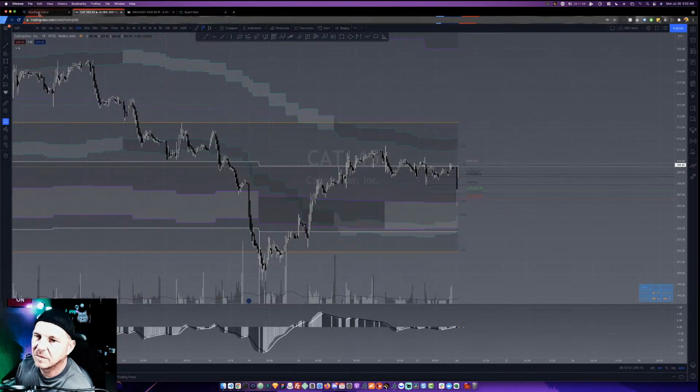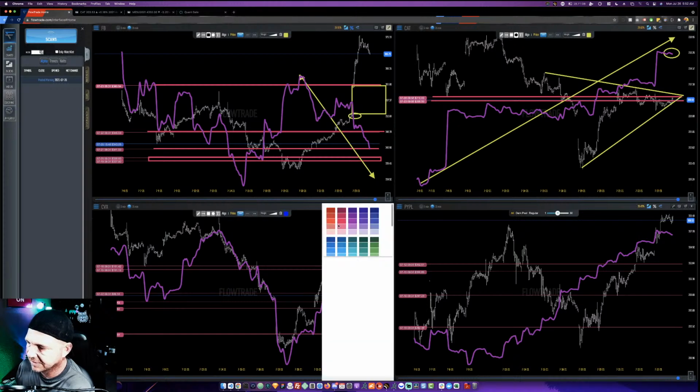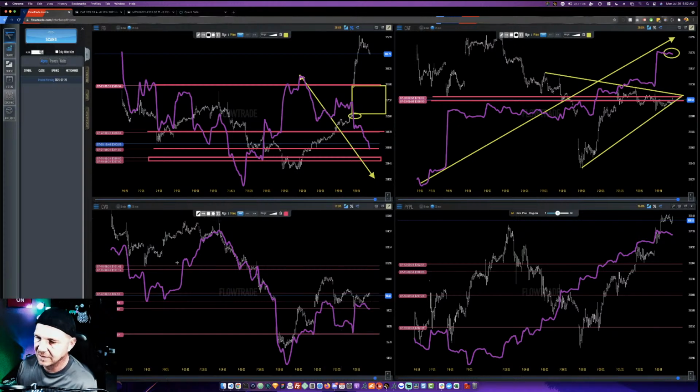All right, the next one that we were going to look at was CVX. This is another one where the algo is just essentially trading with price action, using block trade levels as support and resistance. Right, we've got this little group from 100 to 142. There's your target.